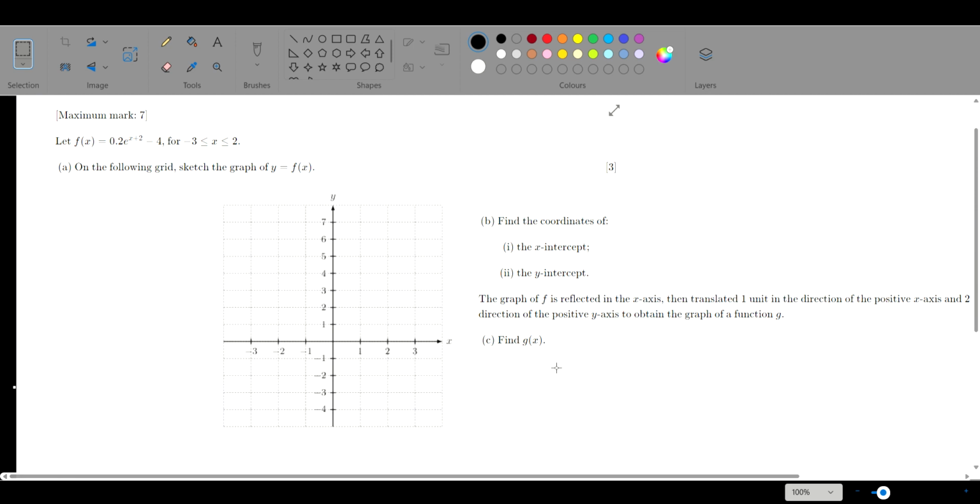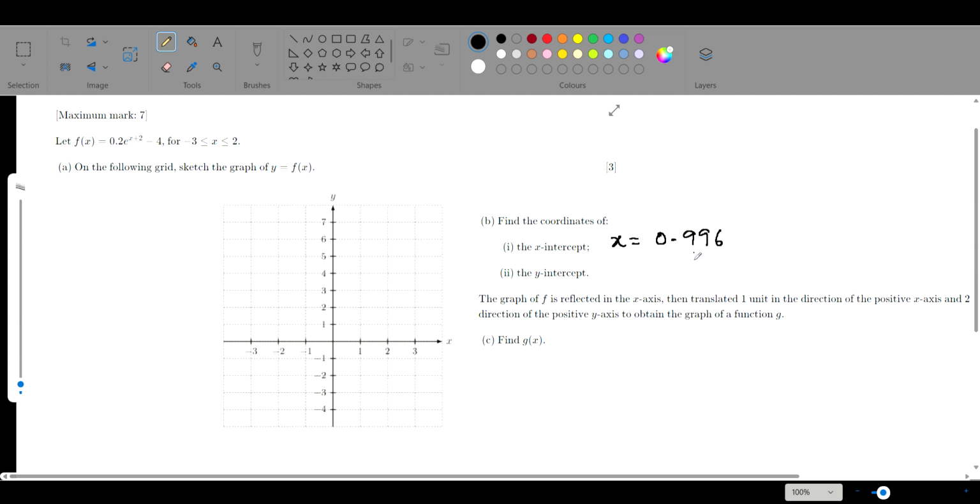X-intercept. The x-intercept is 0.9957, so I'll take 0.996. It's almost nearer to 1 but not exactly 1.